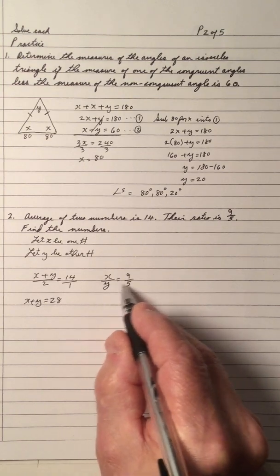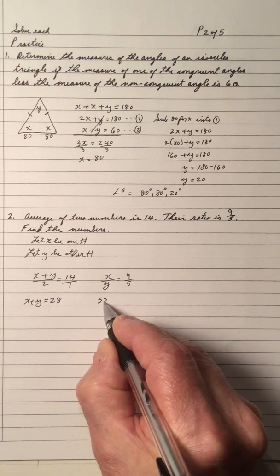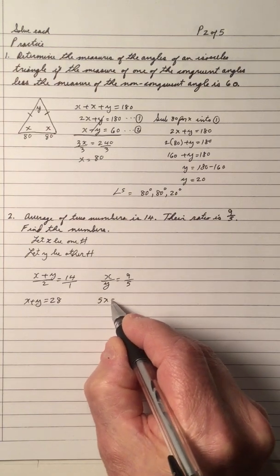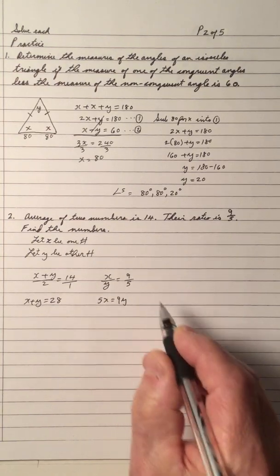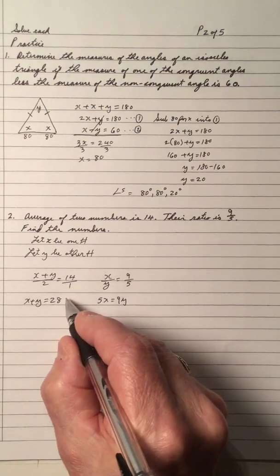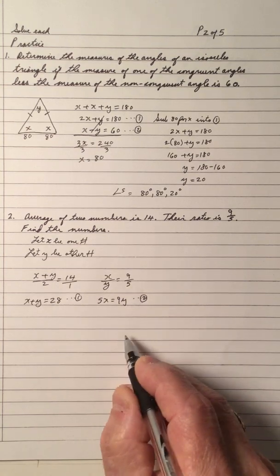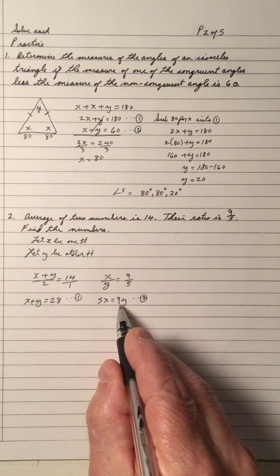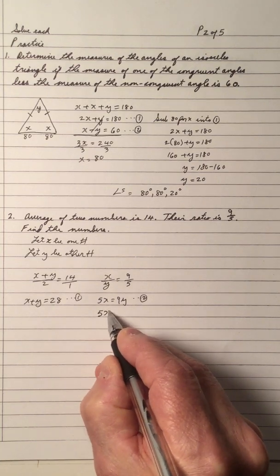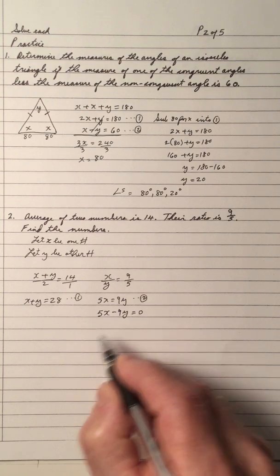Cross multiplying the second, I get 5x equals 9y. This is equation 1 and this is equation 2. I can realign it: 5x minus 9y equals 0.